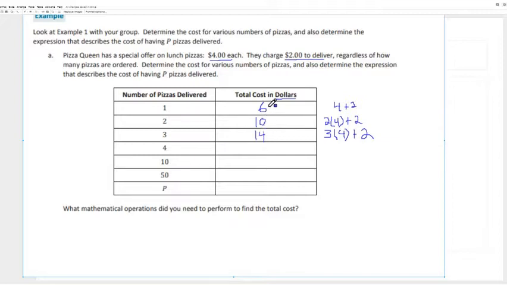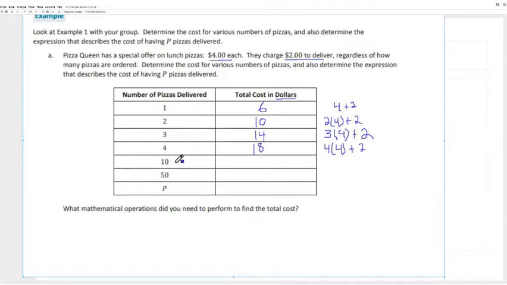Each time it goes up by 4, because the number of pizzas is going up by 1. If we do one more, 4 times 4, because now I have 4 pizzas at $4 apiece, but they're still only going to charge me $2, because they don't care how many I buy. They just want to charge me $2 for the delivery. So now I have 4 times 4 is 16, plus 2 is 18. As you can see, pizzas went up by 1 and the cost also went up by 4.